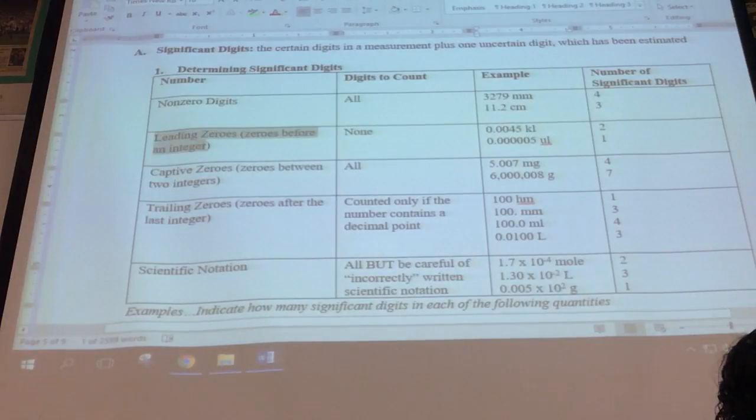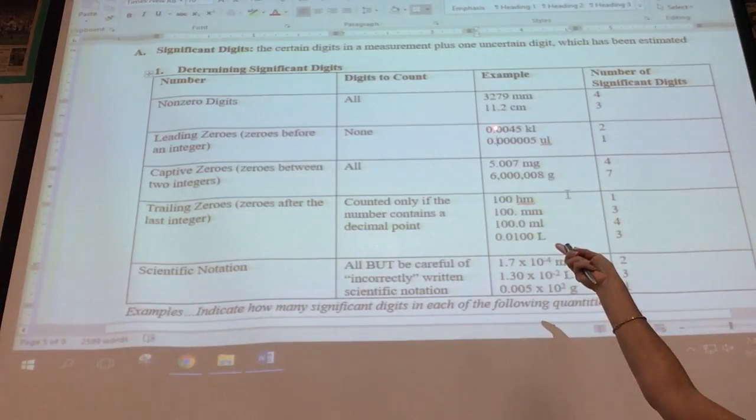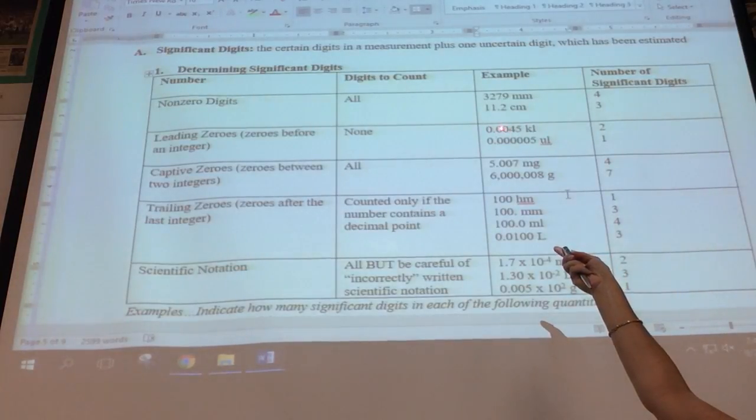Leading zeros. Leading zeros are zeros before an integer. So leading zeros are zeros that come prior to an integer, and you don't count them. Leading zeros are losers. You're not going to count leading zeros. So 0.0045, these zeros here, I'm not able to highlight those three, these zeros that come before an integer or to the left of the integers are not significant.